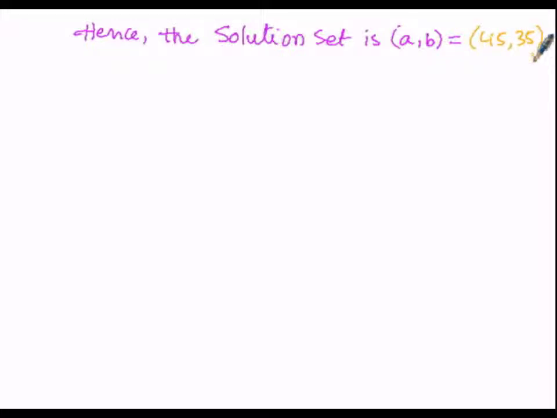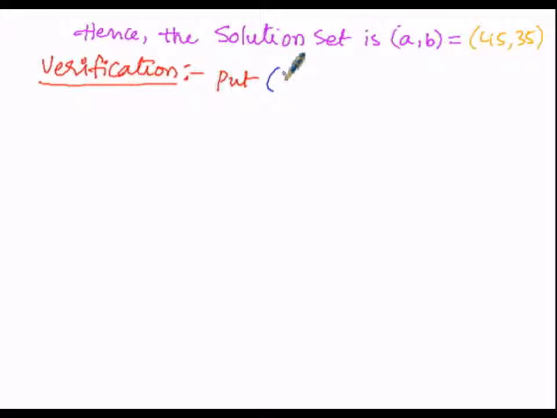So now let us verify. Your verification starts now. In our verification we have to substitute this ordered pair which we got, that is 45 comma 35, in which a value is 45 and b is 35, in any one of the equations.